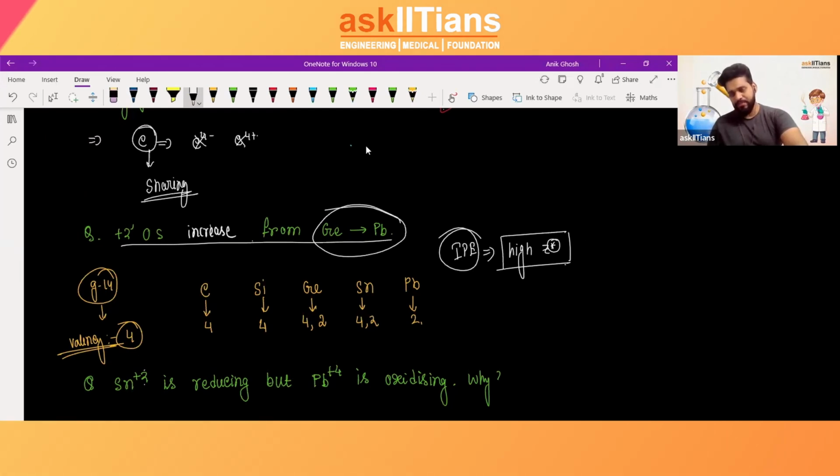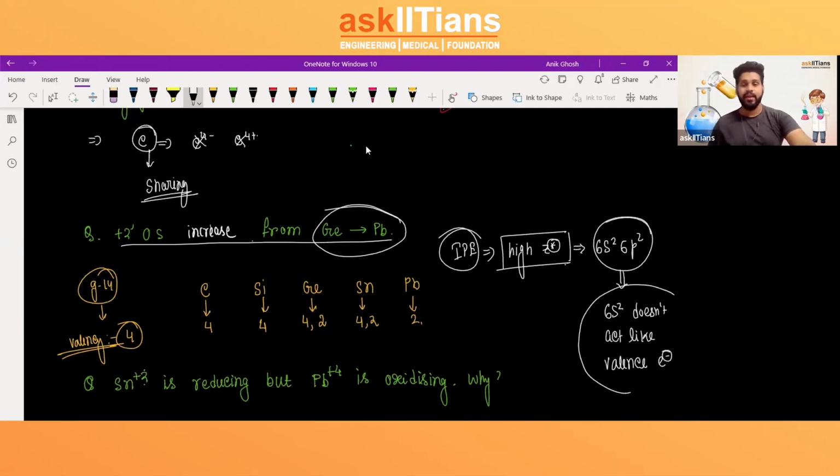For high Z star, in the electronic configuration 6s2 6p2, the 6s2 electrons don't act like valence electrons anymore. As a result, this valency of 2 is only because of 6p2.